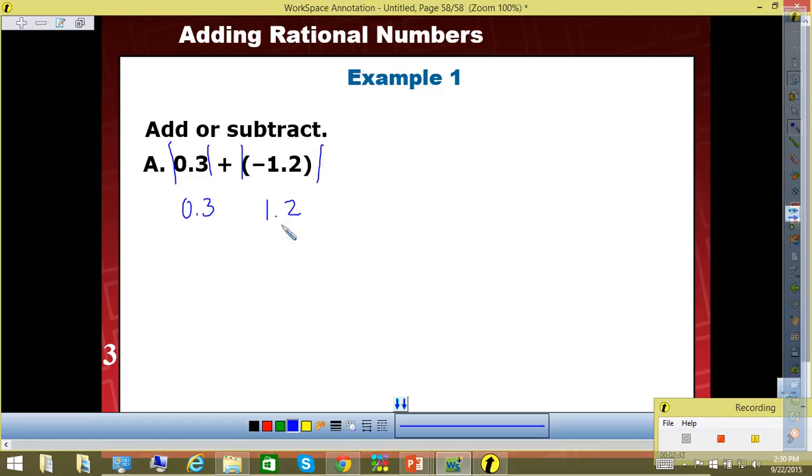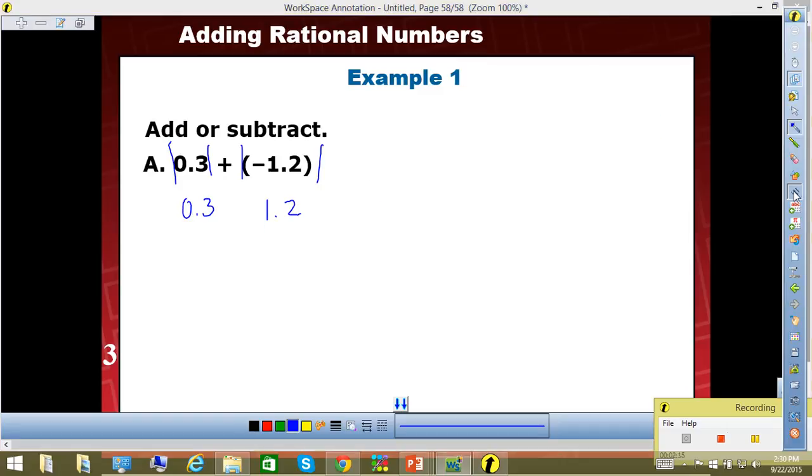Is that correct? Is 1.2 greater than 1? ¿Es 1.2 más grande que 1? Yes. Is 1.2 greater than 2? ¿Es 1.2 más grande que 2? No. So the most that you're going to go is what? 2. Is that correct? That's the highest number you're going to hit.